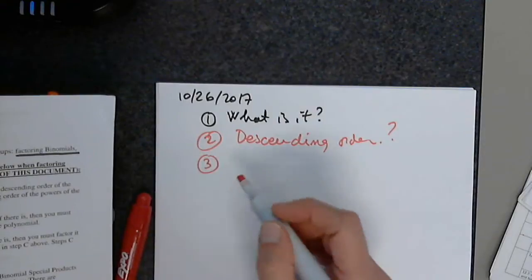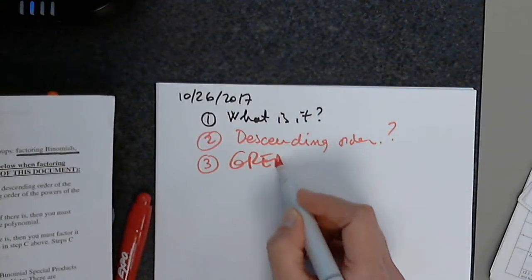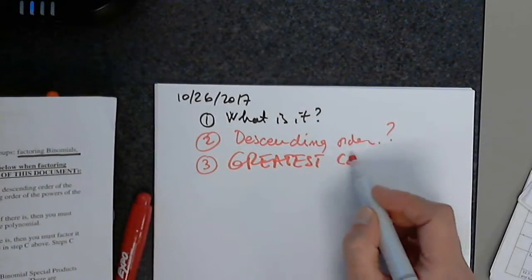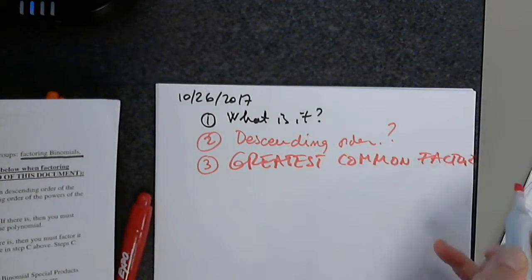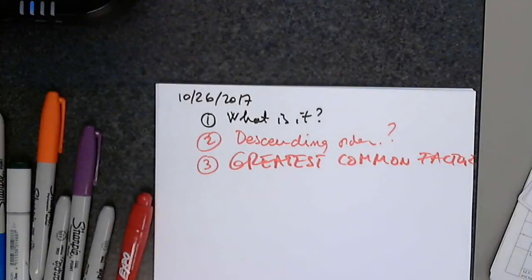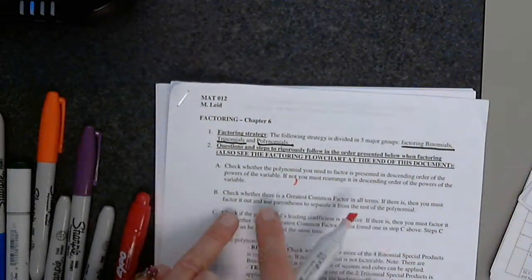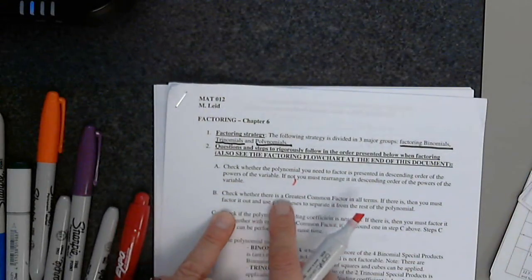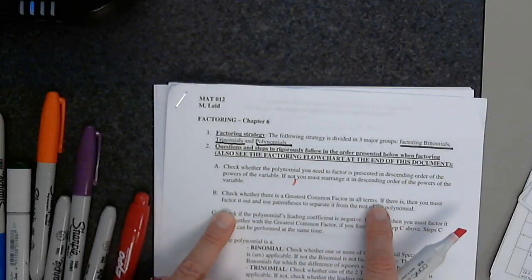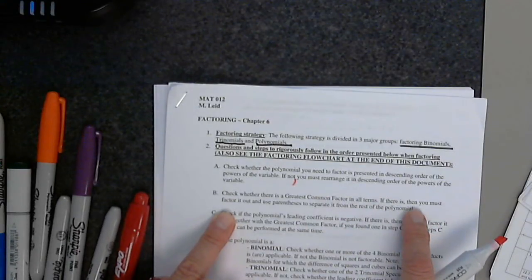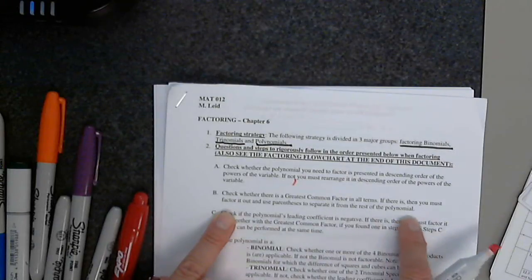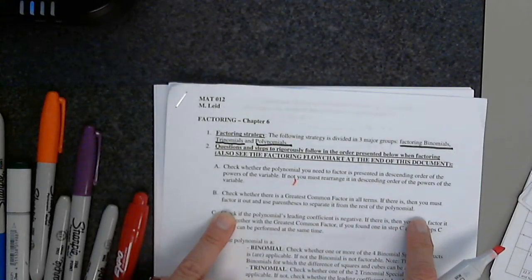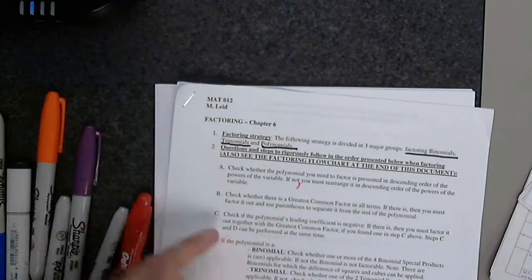Number 3, greatest common factor. Third thing that I have to look at is, check whether there is a greatest common factor in all terms. If there is, then you must factor it out and use parentheses to separate it from the rest of the polynomial. We'll have examples in a minute.